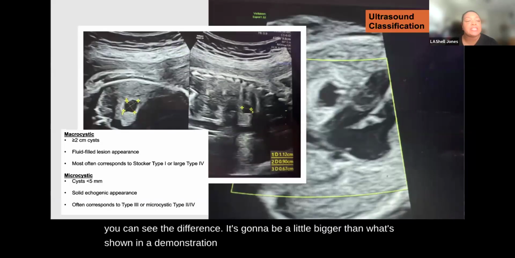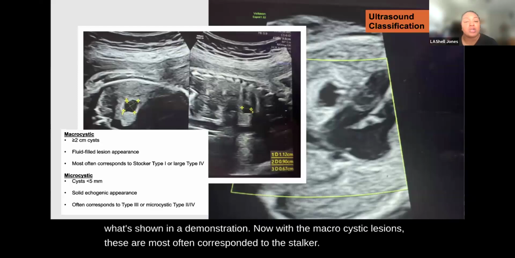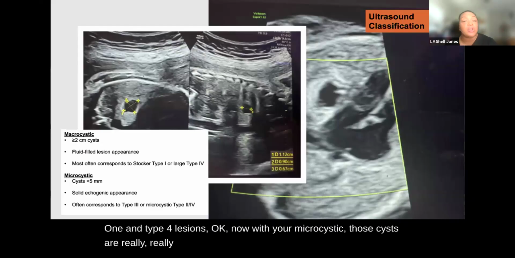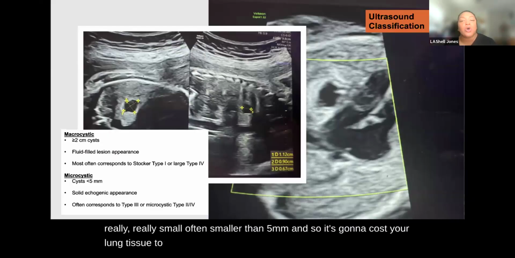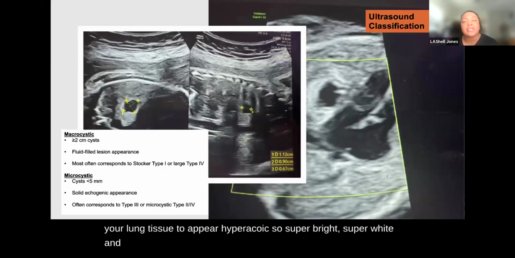Now with the macrocystic lesions, these most often correspond to the Stocker type 1 and type 4 lesions. Now with your microcystic, those cysts are really, really small, often smaller than 5 millimeters. And so it's going to cause your lung tissue to appear hyperechoic, so super bright, super white. And this will often correspond to type 3 and the microcystic type 2 and 4.